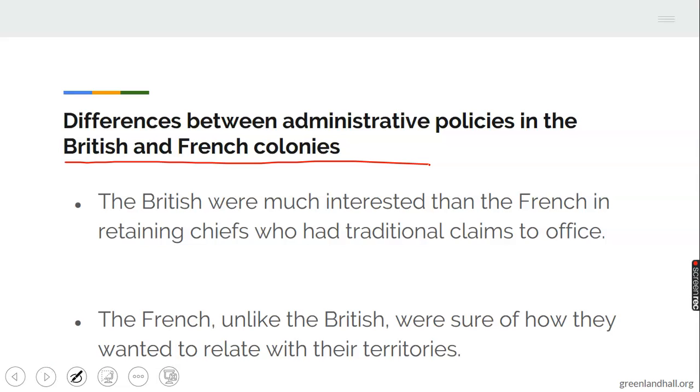First, the British were much more interested than the French in retaining chiefs who had traditional claims to office. The French, unlike the British, were sure of how they wanted to relate with their territories. See the differences.